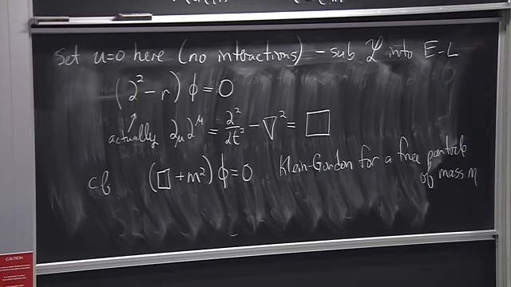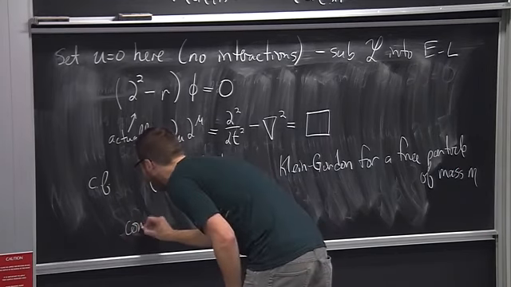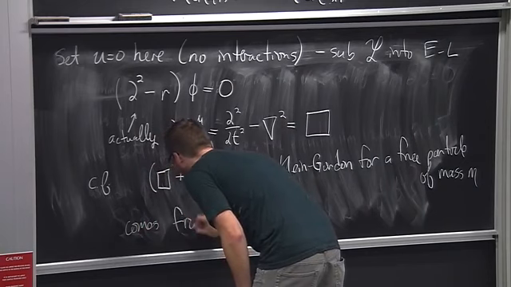Where does the Klein-Gordon equation come from? I don't know if I can do this off the top of my head, but in principle, it's simple.